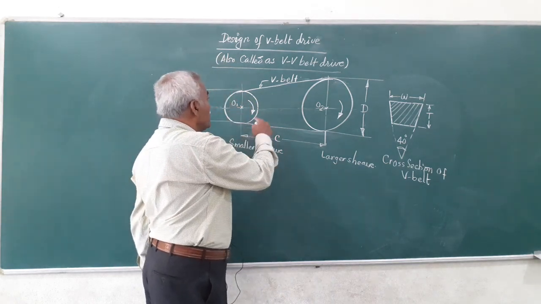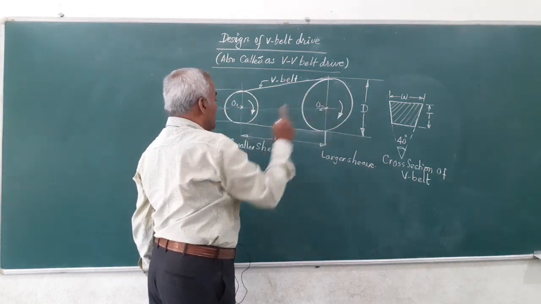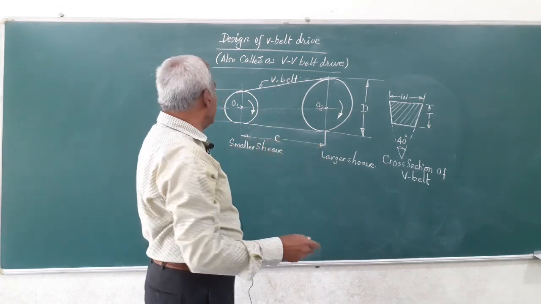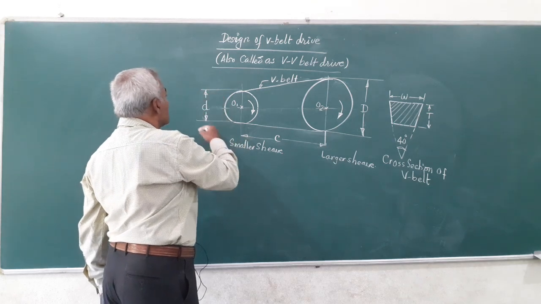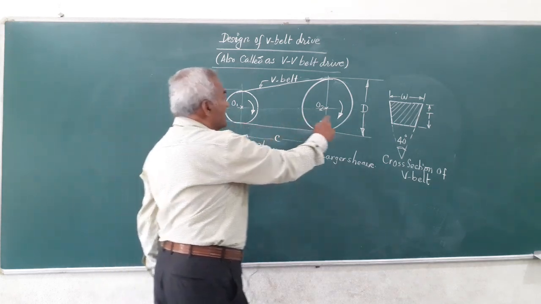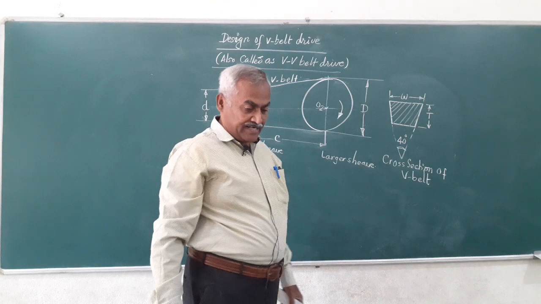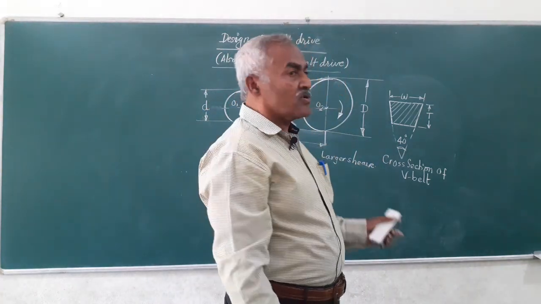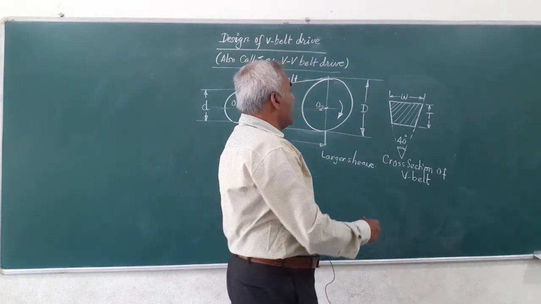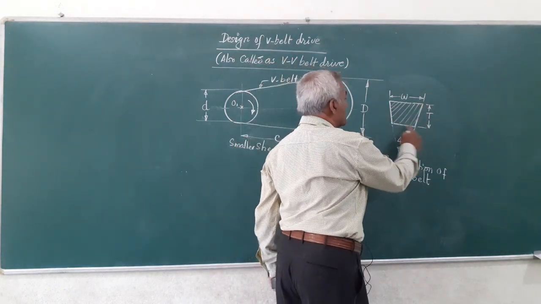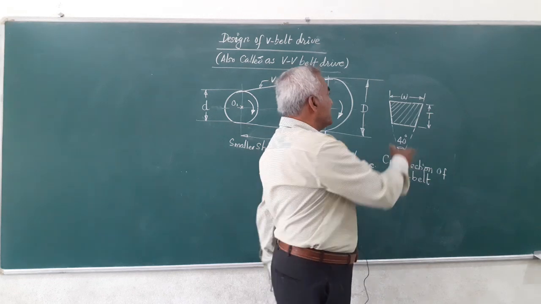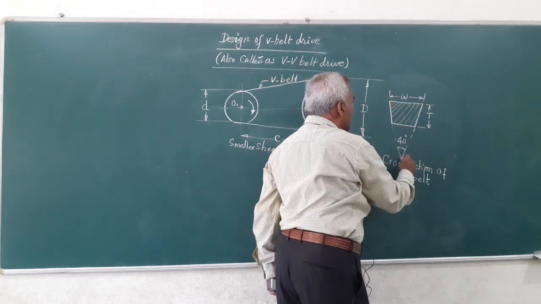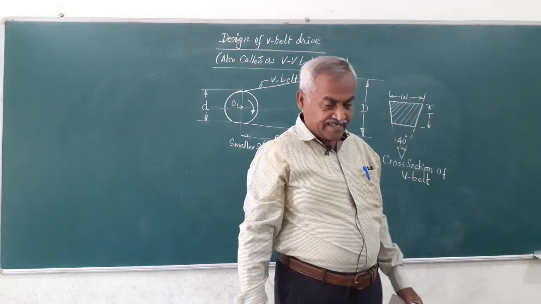One is the driver pulley, the other one is the driven pulley, and they will have a center distance of C. I have represented the diameter of the smaller sheave as small d and that of the larger one as capital D. Friends, the V belt, also called the VV belt, will have a trapezoidal cross section as shown, with a width W at the top, thickness T, and this taper will be at an angle of 40 degrees.